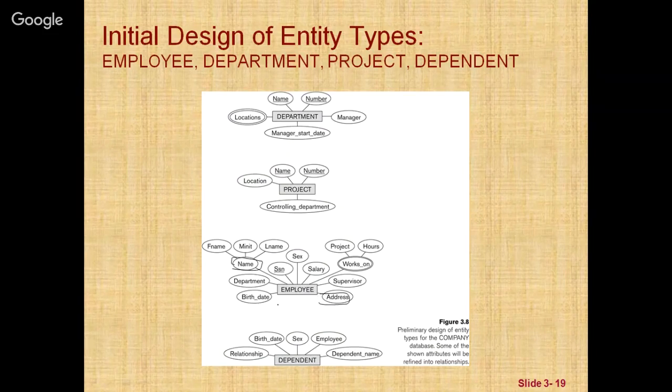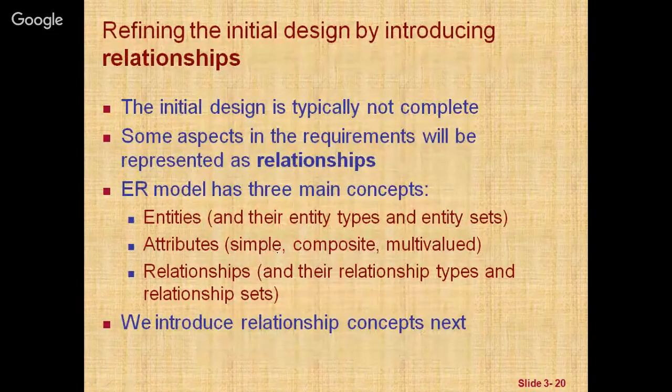So supervisor of employee refers to another employee, the one who supervises this employee. Okay, the attribute department of employee, that is this, refers to the department for which the employee works, and so on. So in the ER model, these references should be represented not as attributes but as relationships.